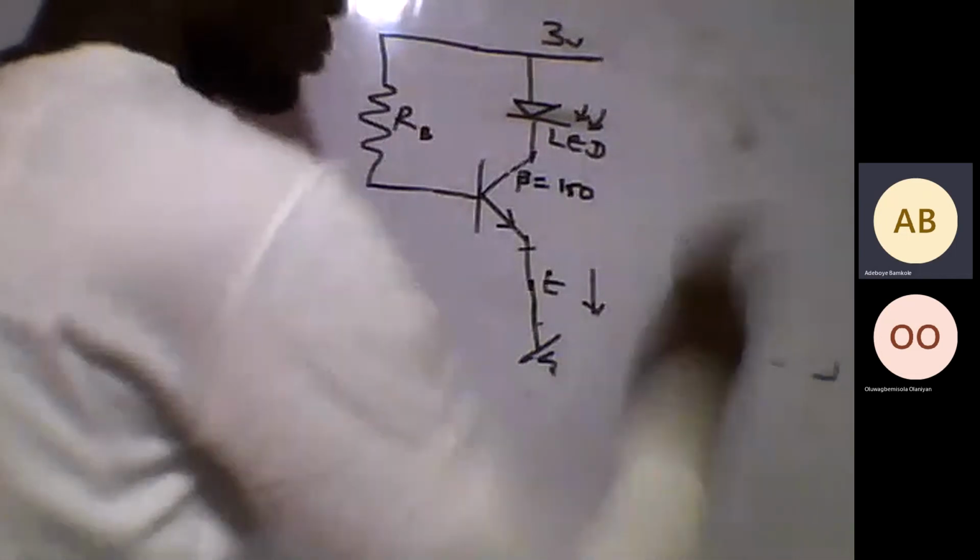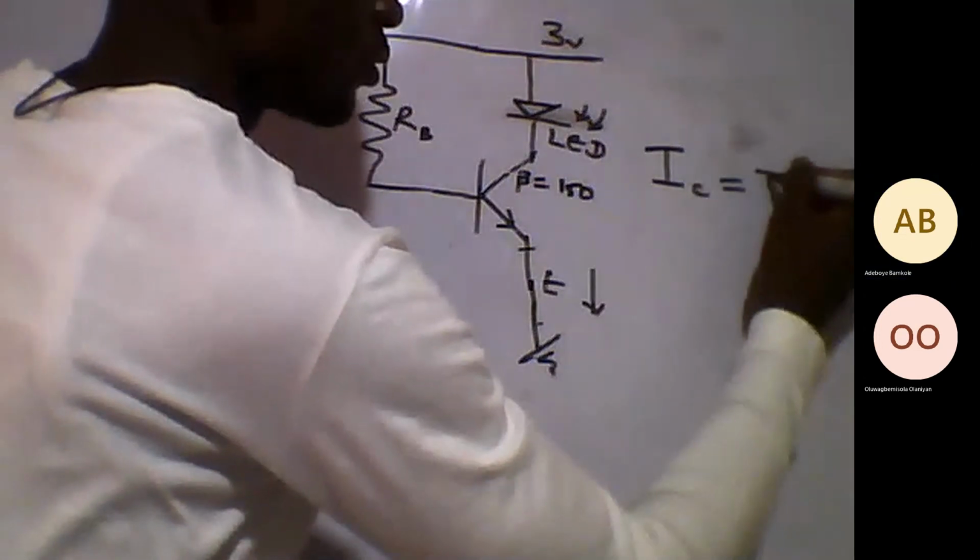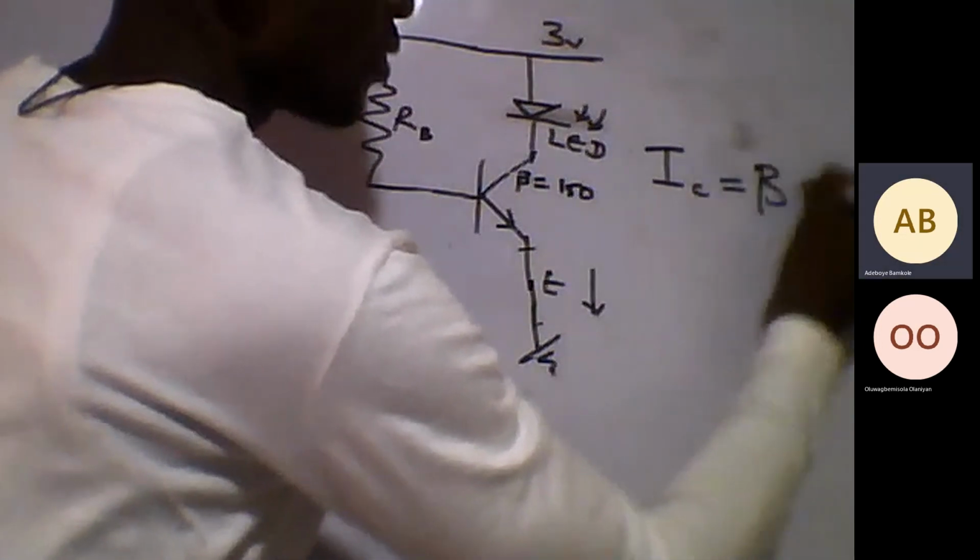We calculate the IB that we needed, from the formula. So what would that give us?